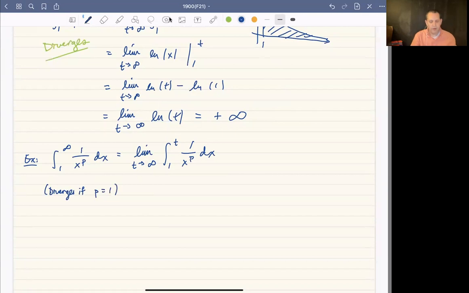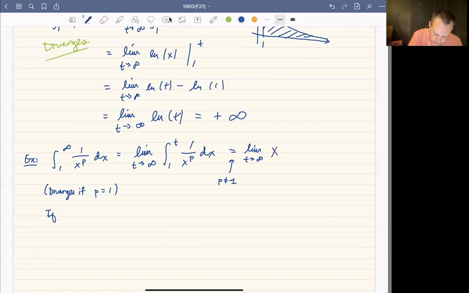The reason why I care what happens with p is 1 is that this is the only value of p where the antiderivative is not going to use the power rule. We know if p is 1, we get the integral of 1 over x, which involves logs. Otherwise, it involves the power rule. So if p is not equal to 1, our integral is going to be, so this is x to the negative p. We're going to add 1 to the exponent.